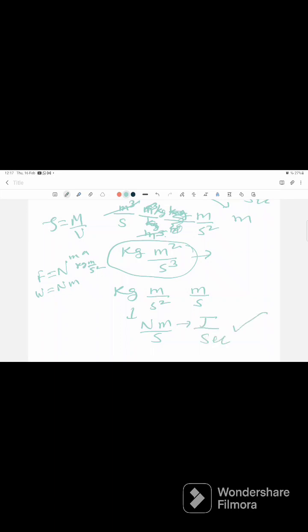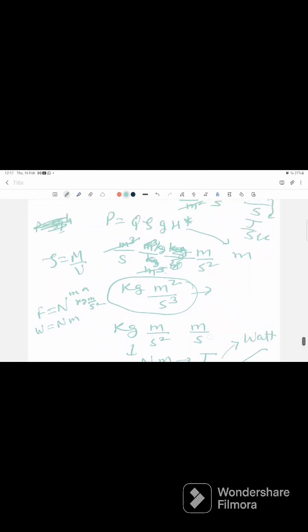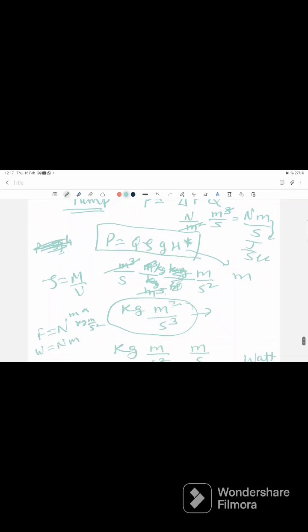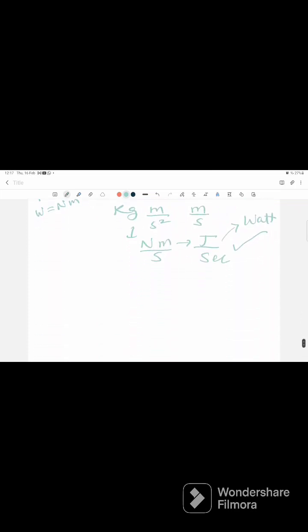Okay guys, so this formula is also right. Q rho G H star. Power is W P Q rho.